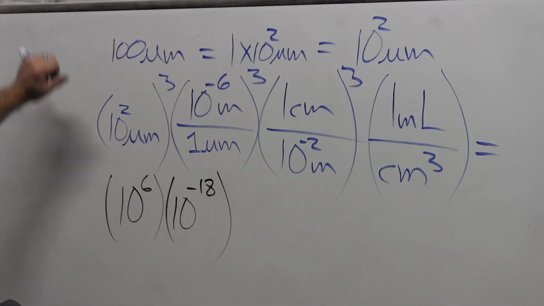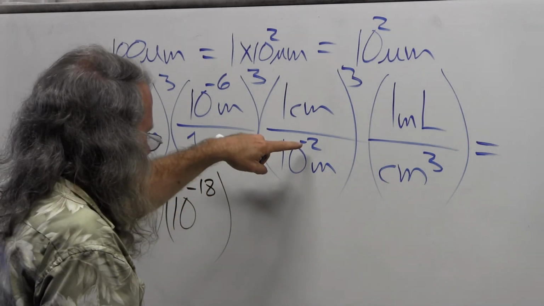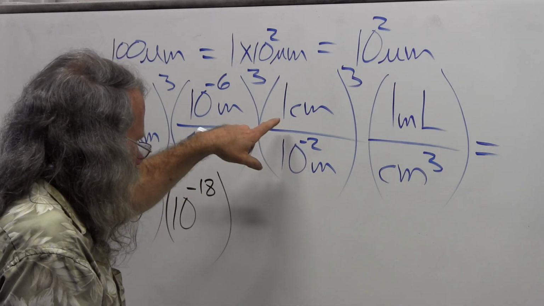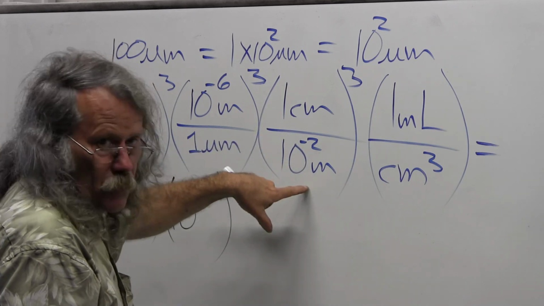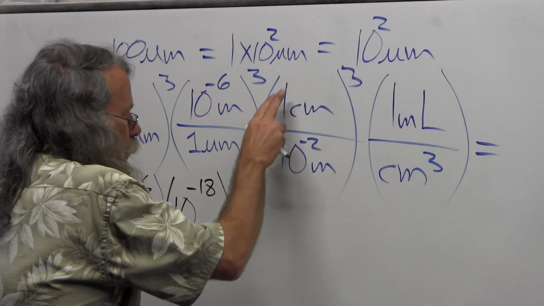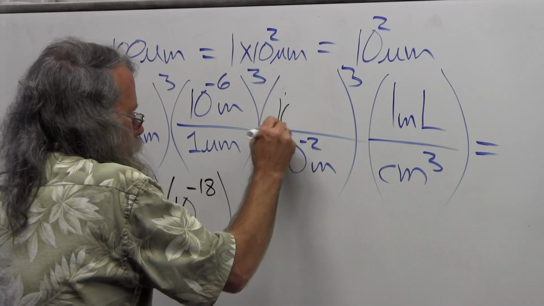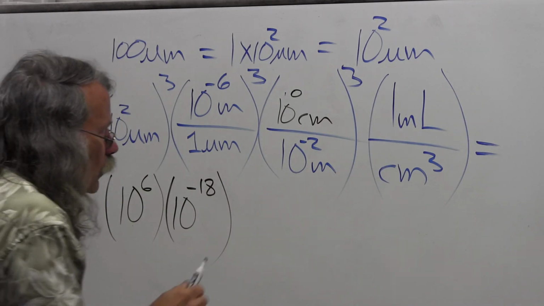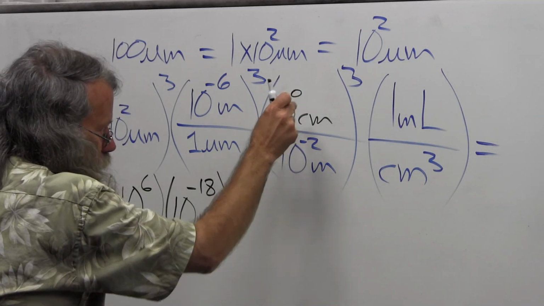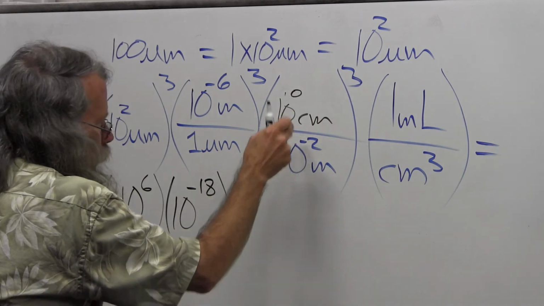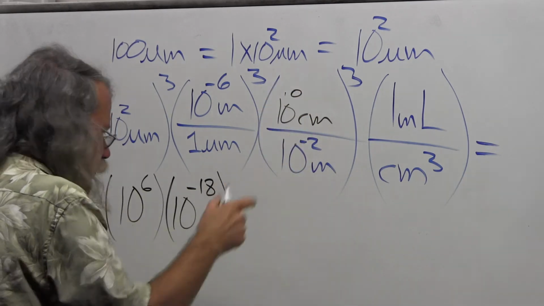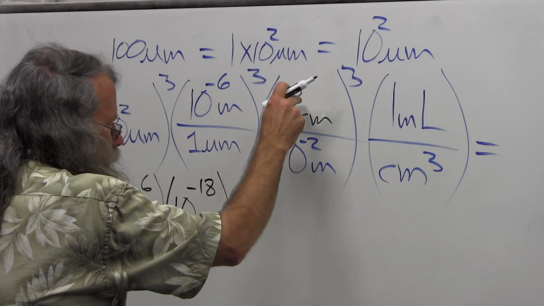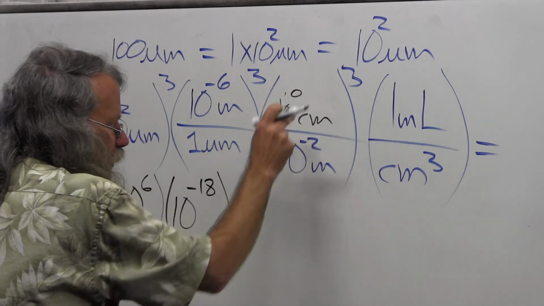And now I've got 10 to the minus 2, but it's in the denominator rather than the numerator, I can rewrite this as 10 to the 0 centimeters, which is the same as 1. And what do the rules of the exponents have me do when I divide?